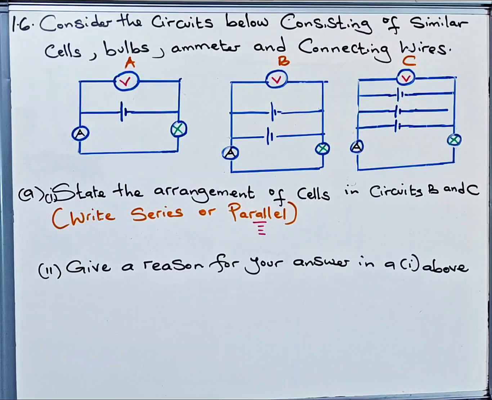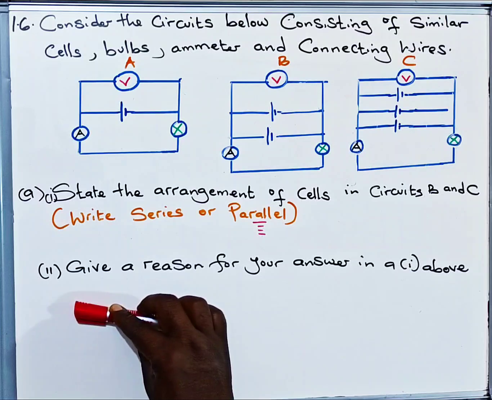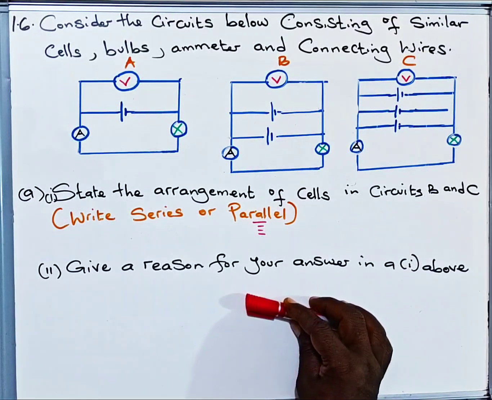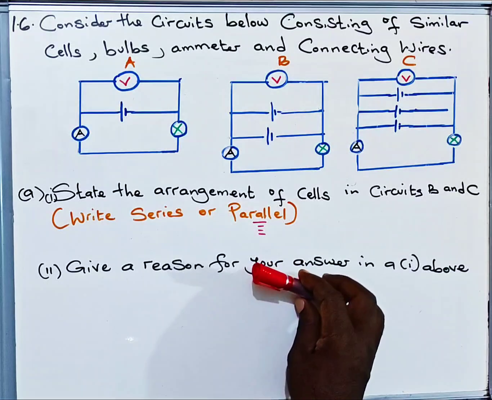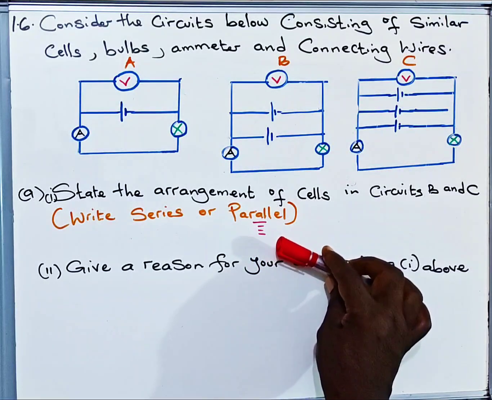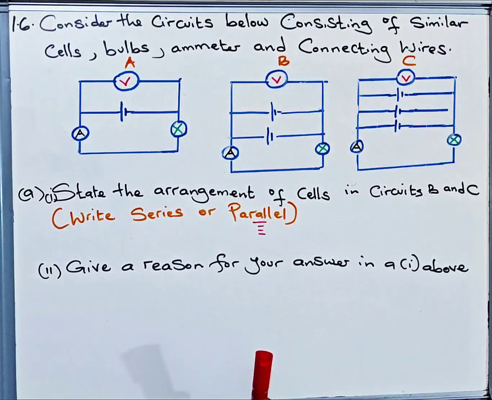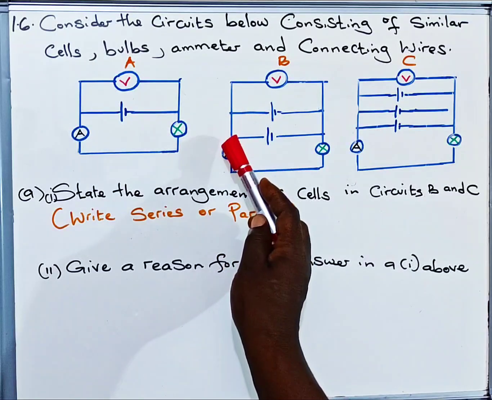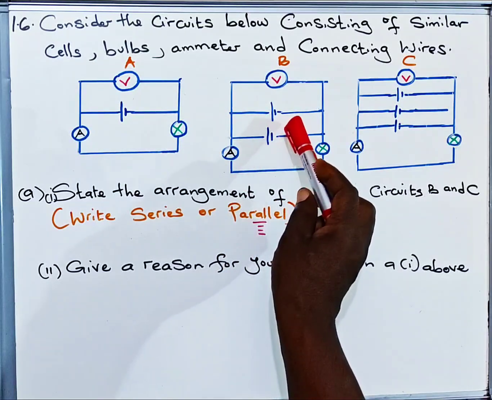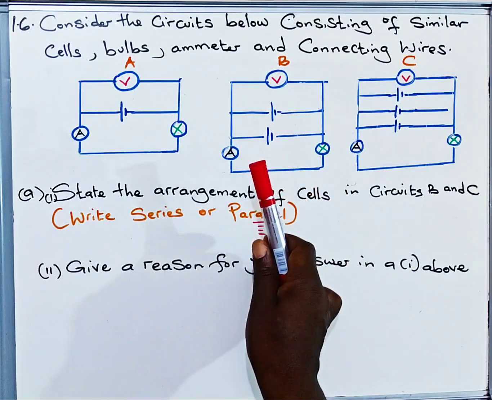Then the next question says, give a reason for your answer above. So we chose parallel, and what's the reason for our choice? The reason is that different paths are provided for the flow of current through the cells.